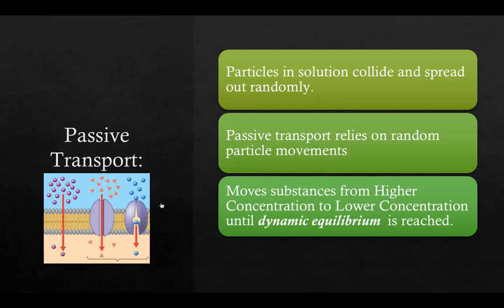Now, once the particles reach what's known as dynamic equilibrium, they do not stop moving. Dynamic equilibrium is what happens when you have the same rate and amount of movement from one side of the membrane to the other side of the membrane. The example I use is like a bank account.